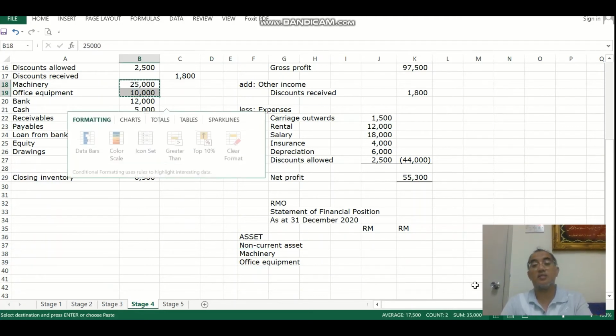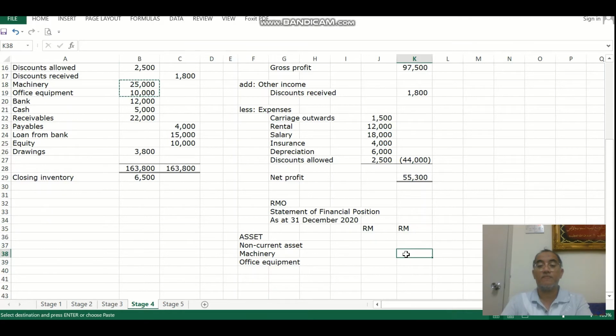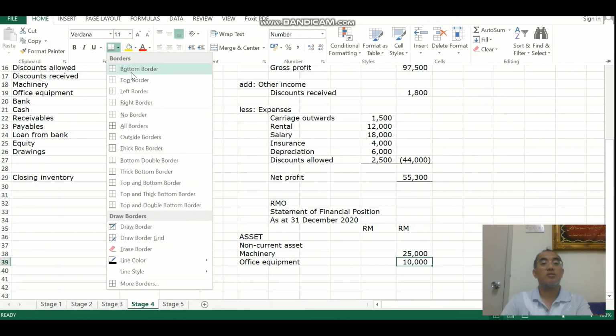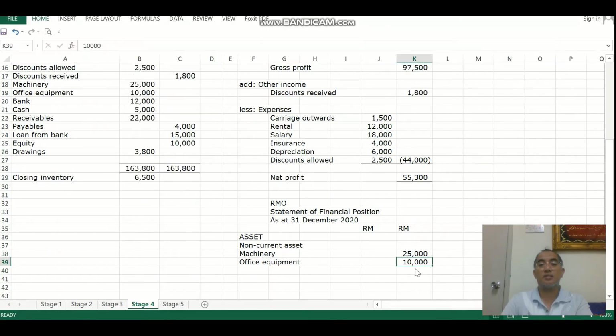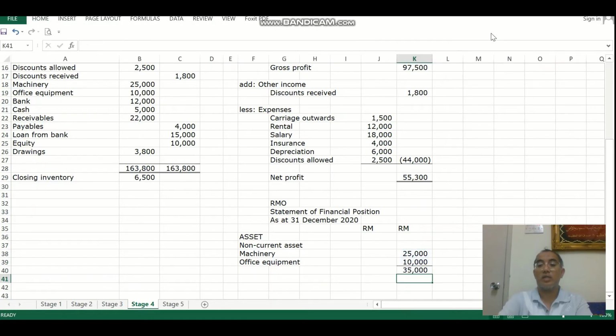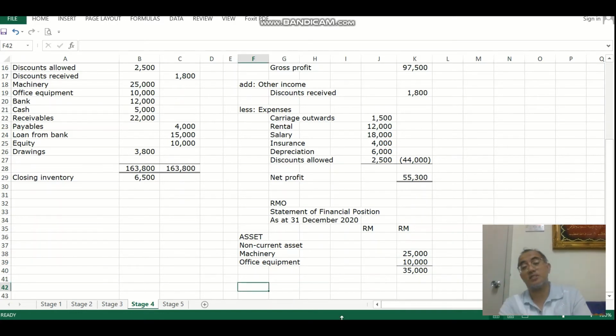So I just take 25 and 10, put it here. Now the total of your non-current asset is 35,000.